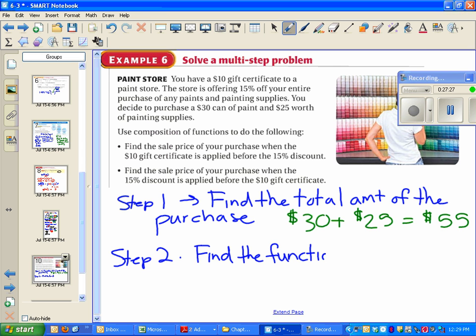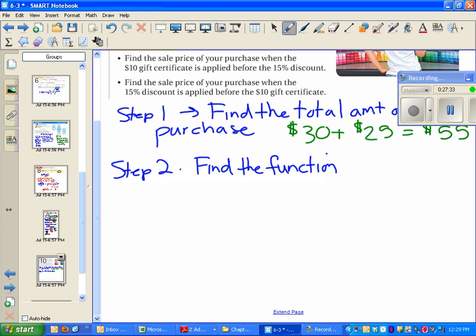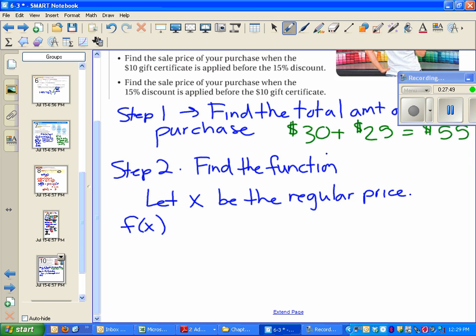So we want to find a function for the gift certificate, and a function for the 15% off. So we're going to let x be the regular price. Then f of x is going to be the price after the $10 gift certificate.